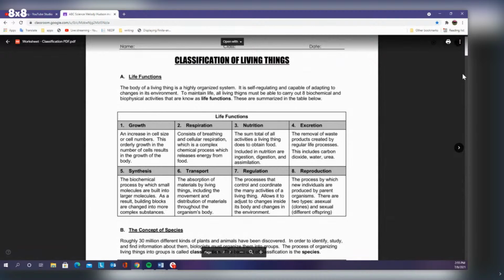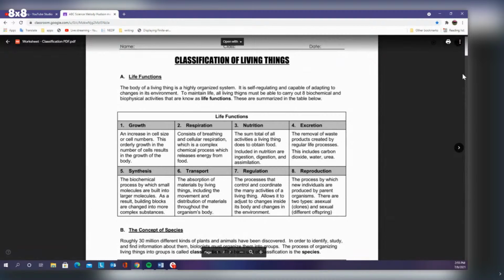I didn't type this, I'm looking at all these typos. These are summarized in the table below. Before I go into these 8 functions, if an organism is unable to maintain any of these functions, it dies off, as an individual or a species.